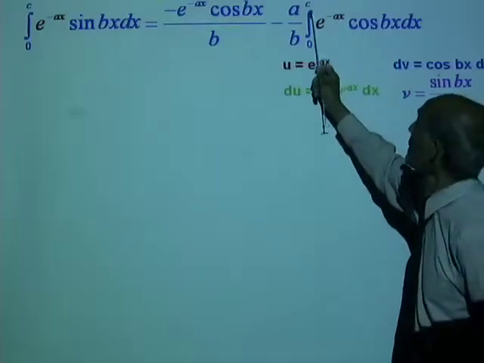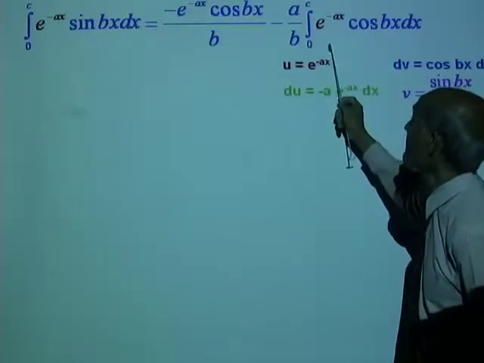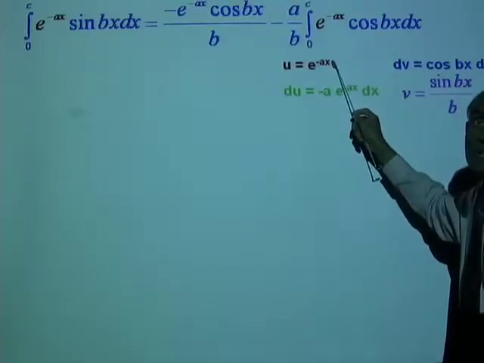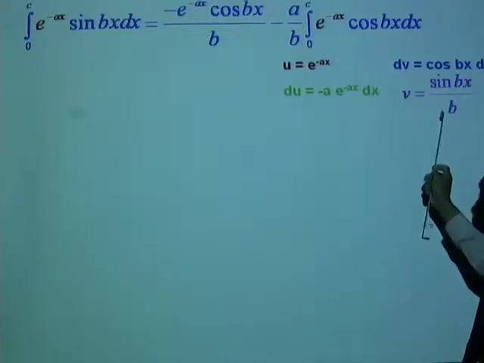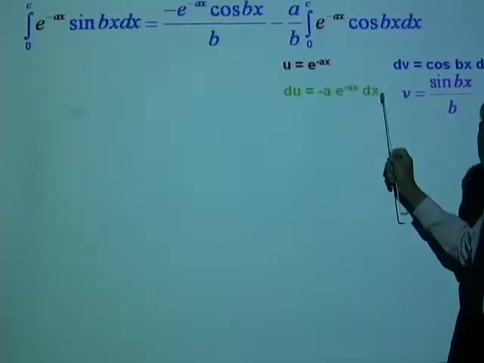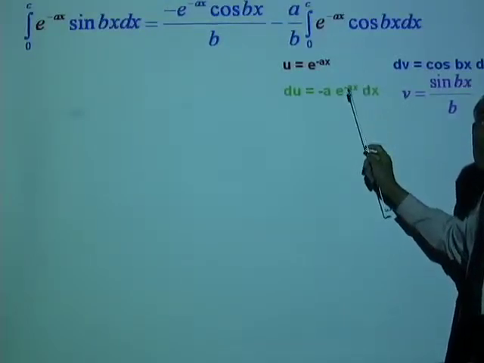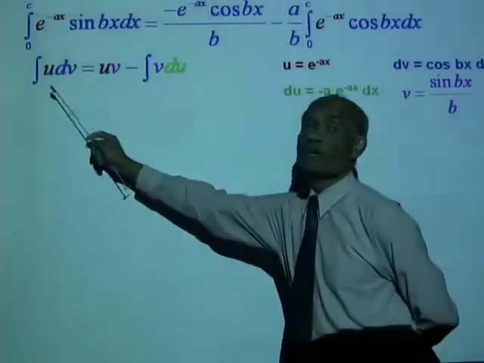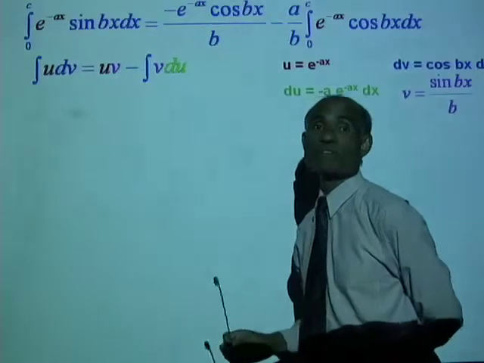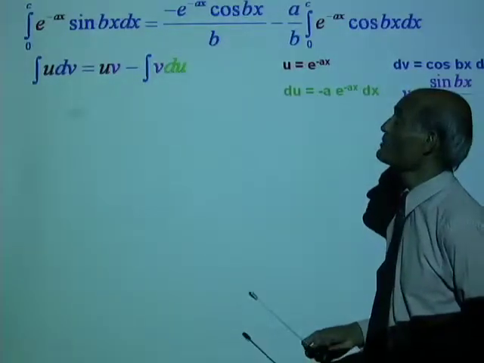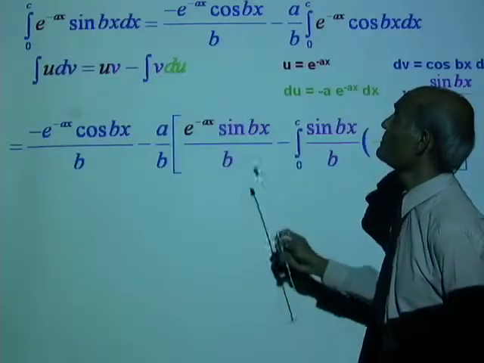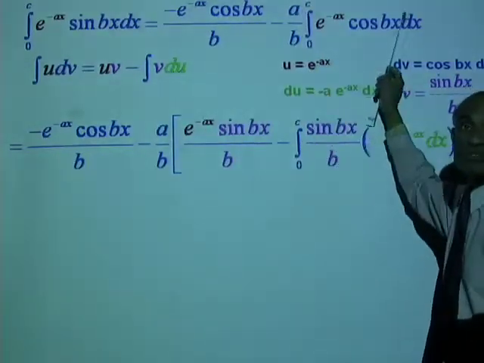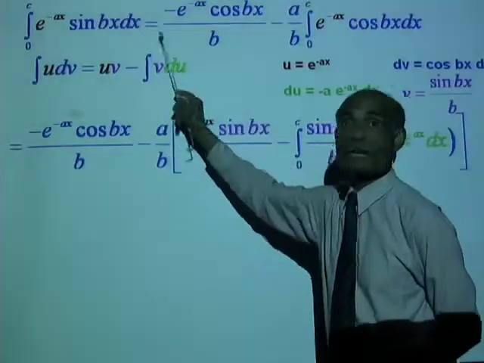And therefore, what will this integral be? Well, it will be u times v, e to the negative ax sine bx divided by b, minus integral v du. Alright, let's write that. So, integral u dv is uv minus integral v du. And we will use this to work out this part. Everything else remains the same.